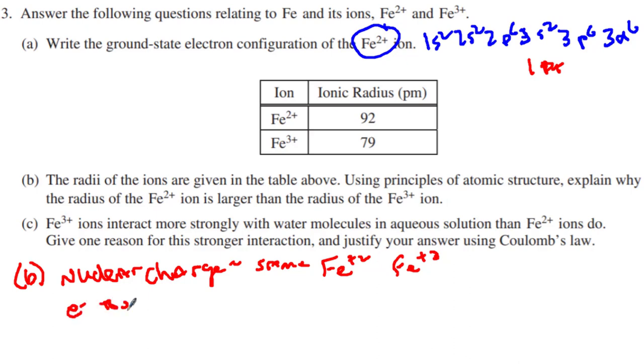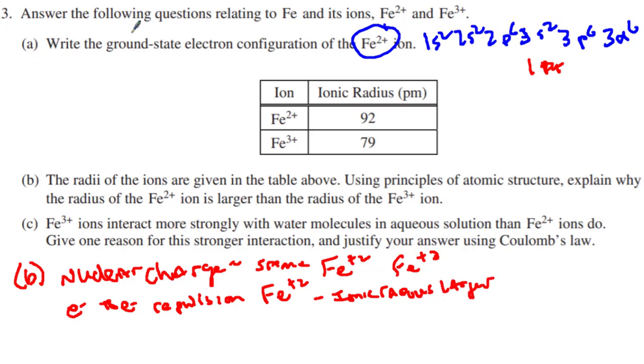You can see the electron to electron repulsion is greater for the iron plus 2 because it has more electrons, and therefore the ionic radius will be larger.